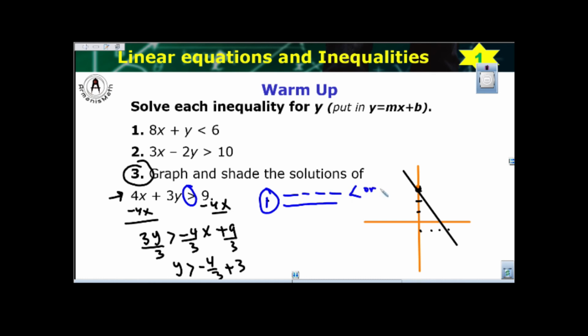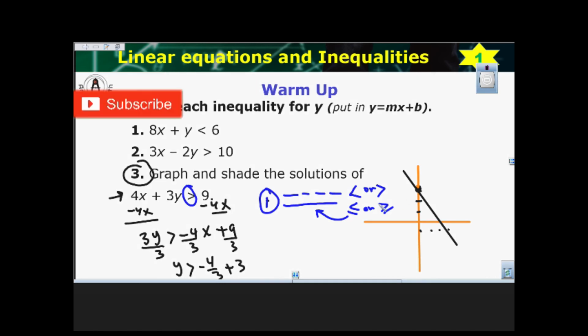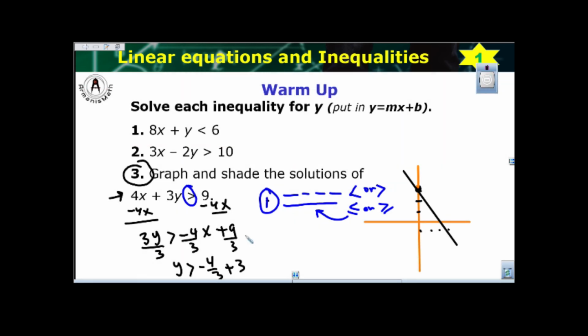But if you want to use a solid line, that means you have to have an inequality which has an equality in it, meaning less than or equal to, or greater than or equal to. It has to have the equal to for you to claim it's a solid line. Solid line means the line itself is also part of your solution, not just the region.